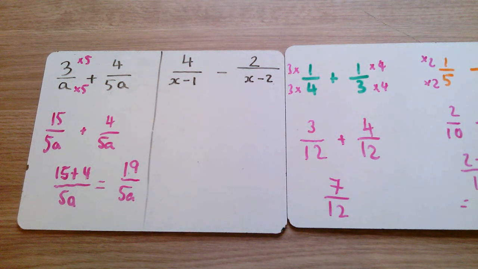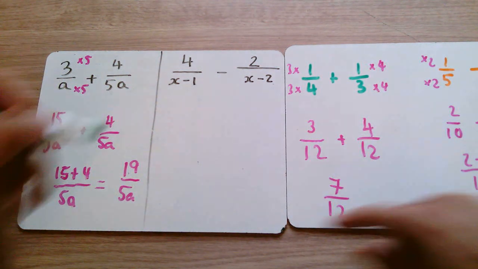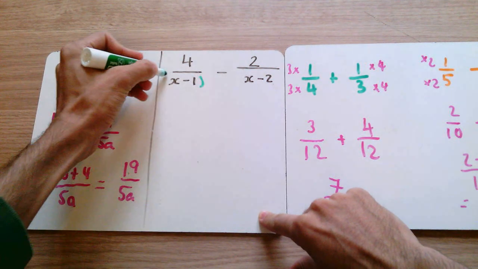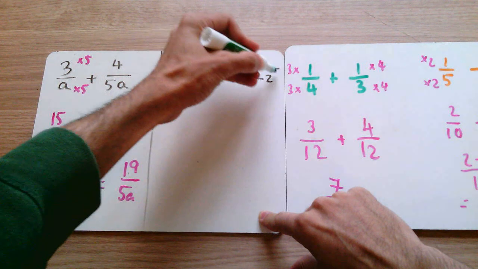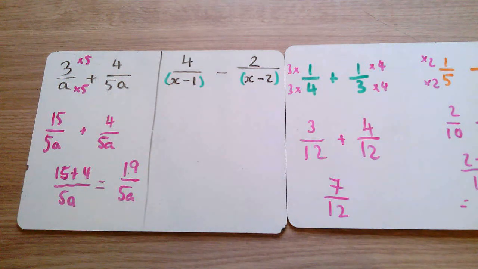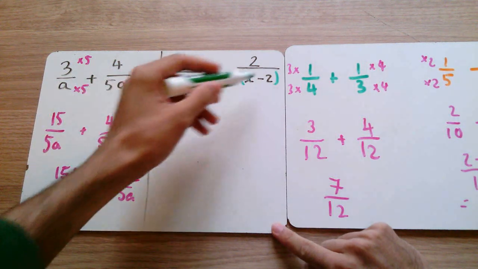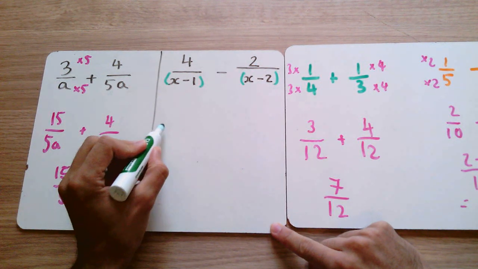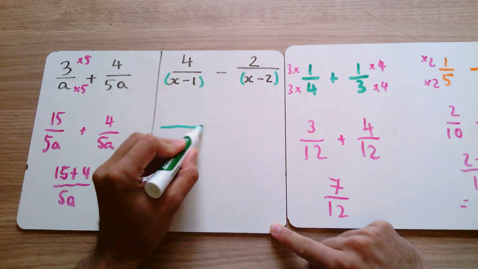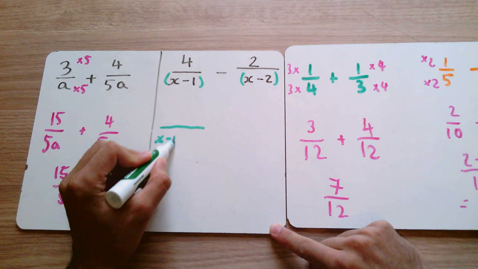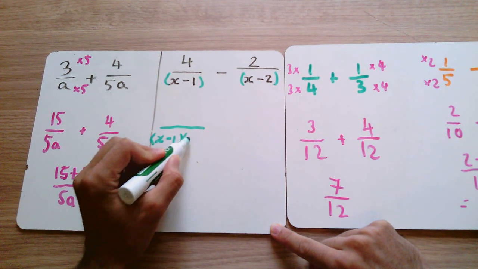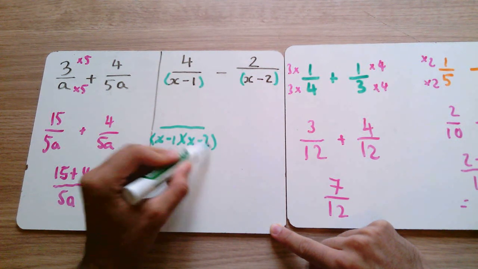However, something to take into consideration is that when you have a denominator in algebraic form, it is as if all of this is inside of a bracket. So the common denominator I'm going to get in this case is going to be x minus 1 times x minus 2. And actually, it's better to keep this in brackets. It's better not to expand these out.